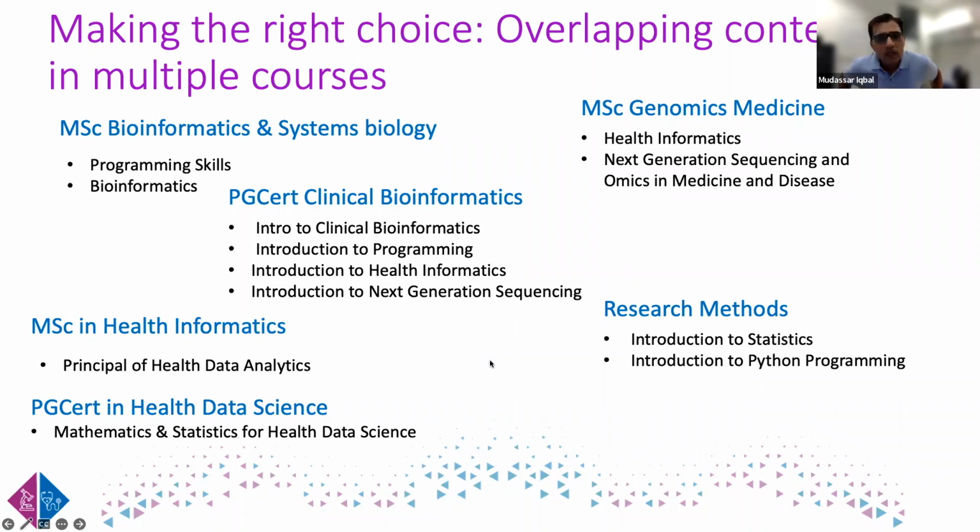There are also a couple of NGS courses, Introduction to Next-Gen Sequencing, and Omics and Disease in MSc Genomic Medicine, so you have to compare and contrast to decide which you want. Overall, you also have to compare the level of the content, PG Cert versus MSc, and the focus of the course. So these are a few points, just putting this scenario in front of you.